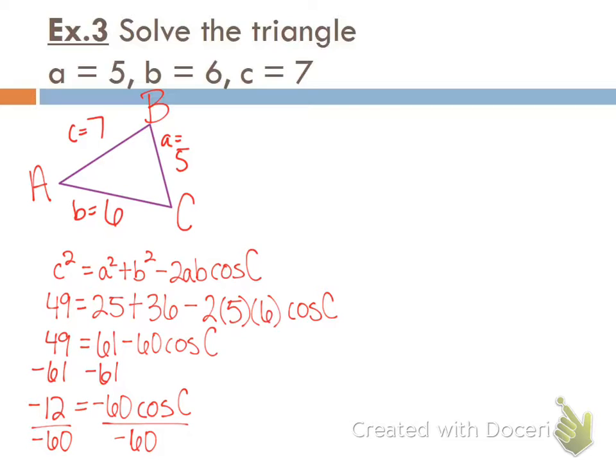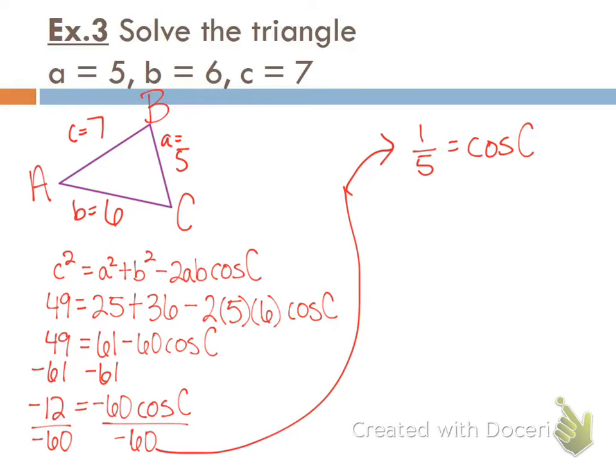Either way, I'm going to continue my work up here since I'm running out of space. So what I've got right now is that 1/5 is equal to cosine of C. To get C all alone, we would have to use inverse cosine.